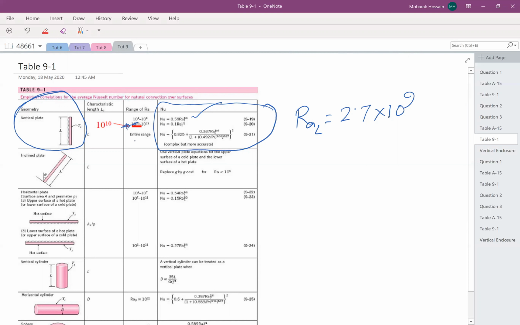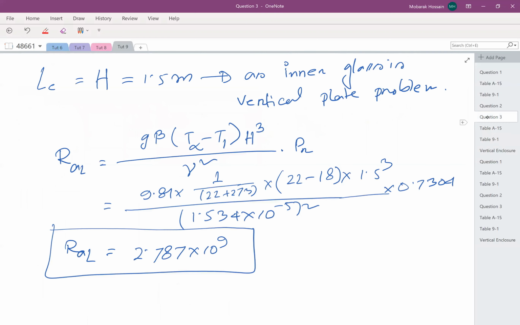The last equation is for the entire range, for all ranges, but it is complex but more accurate. For this problem we can use this equation or this one, but it will give us more accurate results, so we'll use this value, the 9.21 equation.